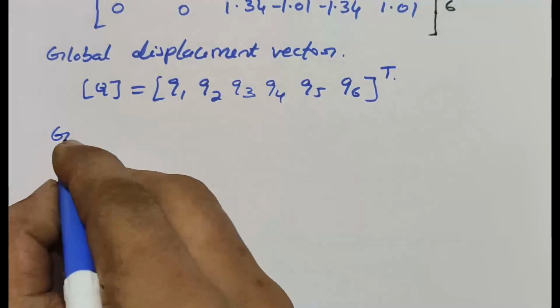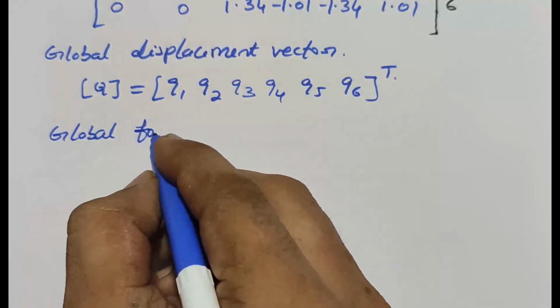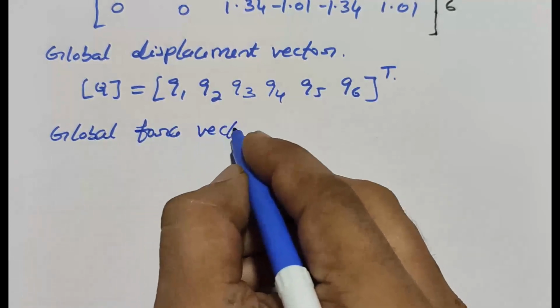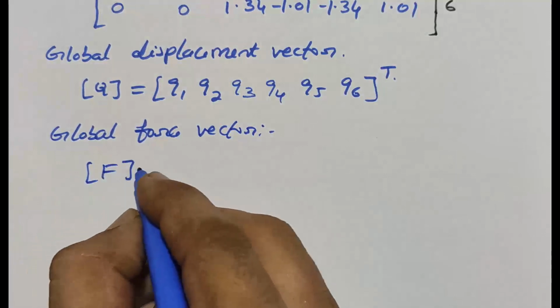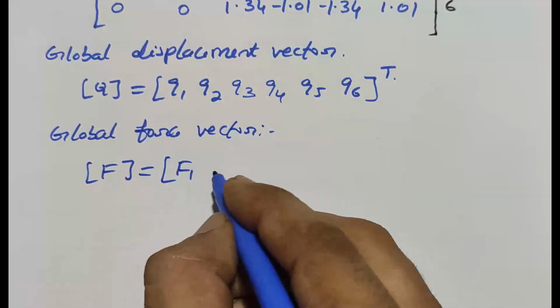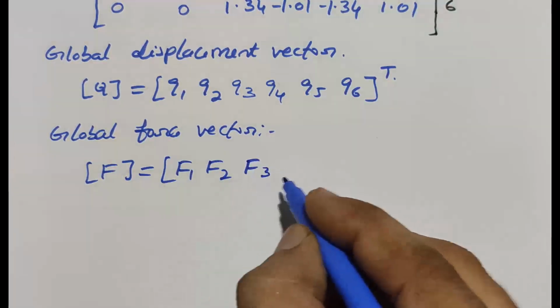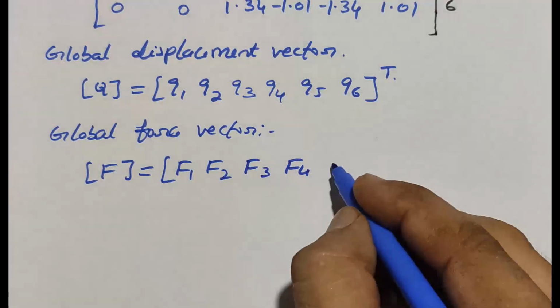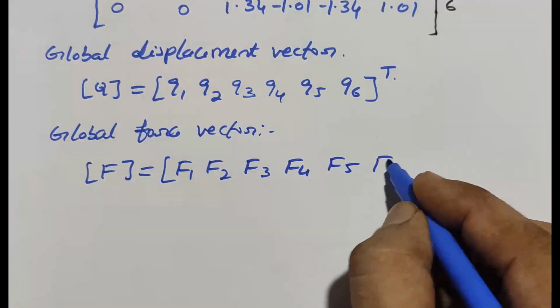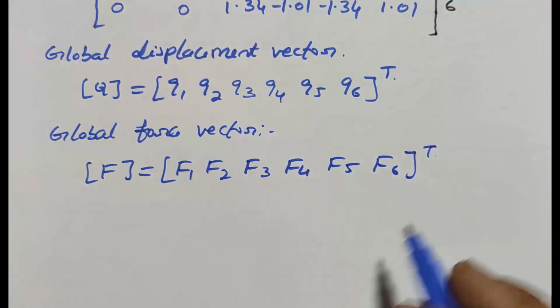Next, global force vector, that is F is equal to F1, F2 nodal force at node number 1, F3, F4 nodal force at node number 2, next F5, F6 nodal force at node number 3 transpose.